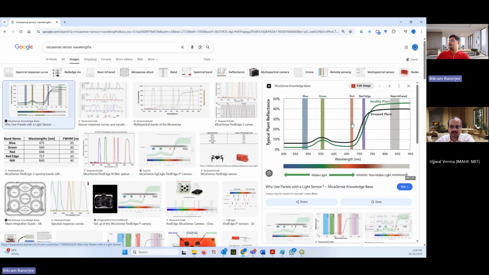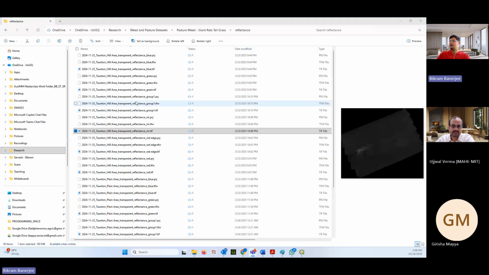So you have blue, green, red, red edge, and infrared, mainly between 710 to 720, I think, and that's the part of the spectrum that corresponds to it. Now I'm showing it from the MicaSense. These data sets were collected, I think, from a DJI Phantom or my sensor. I will confirm back to you which sensor it was, either the MicaSense RedEdge or the Phantom 4.